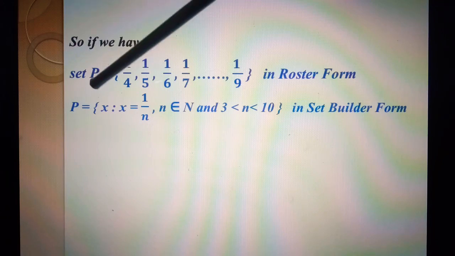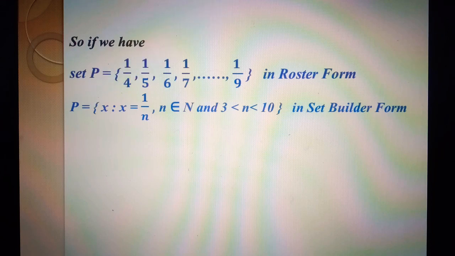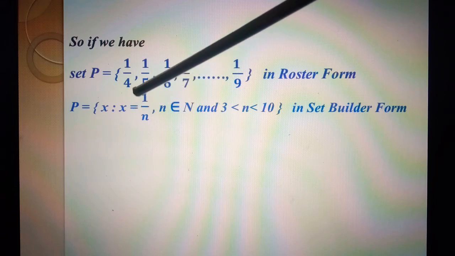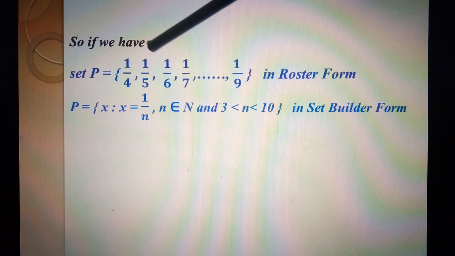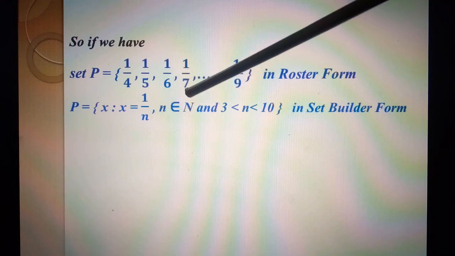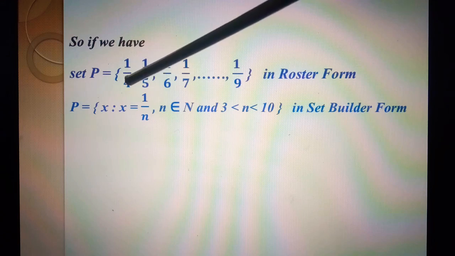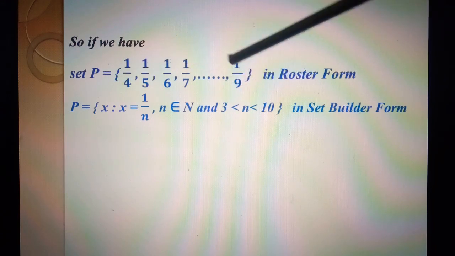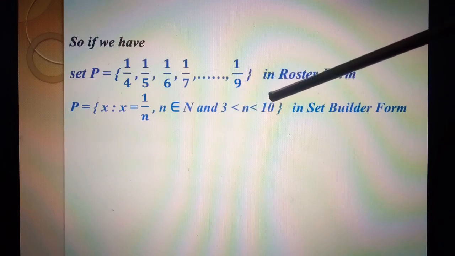So we can write it in the set builder form in this way by assuming a variable x such that x is equal to 1 by n. So the numerator will be all 1 and the denominator is a natural number, n belongs to natural numbers, and n lies between 3 and 10, isn't it? So n lies between 3 and 10. n is greater than 3, n is less than 10.